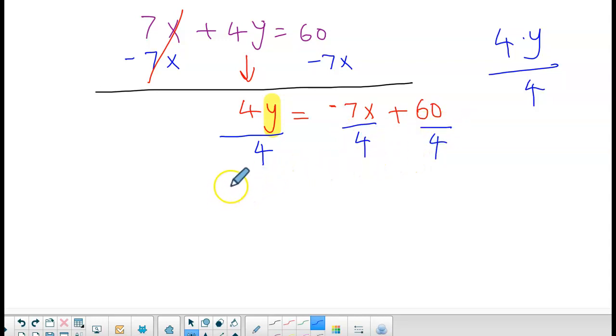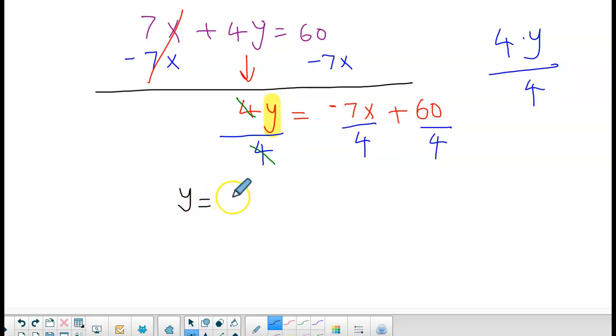So dividing by 4 throughout, each and every term is divided by 4. Now what is left here? 4 and 4 cancelled, right? On the left hand side you only have y.